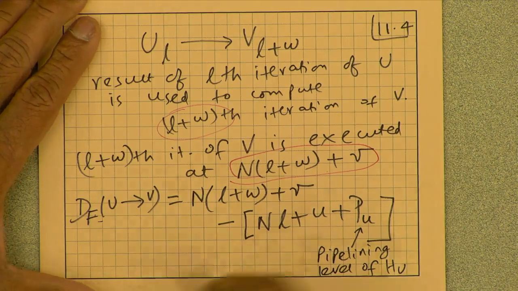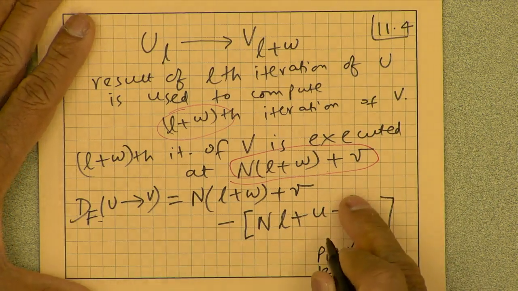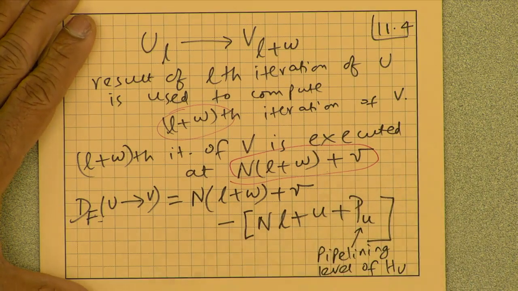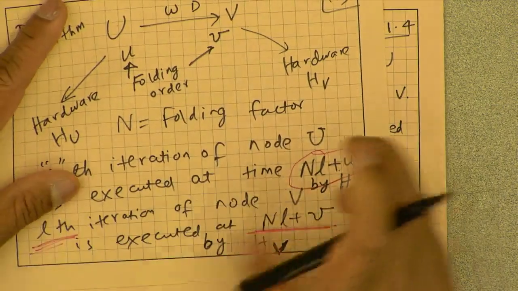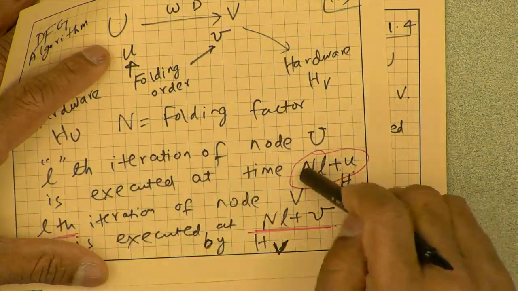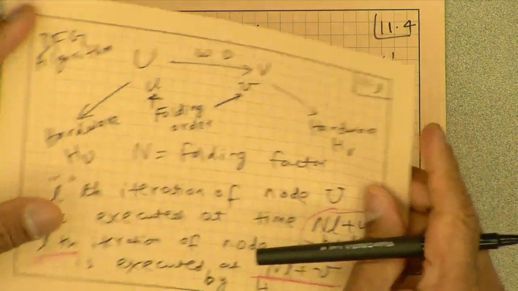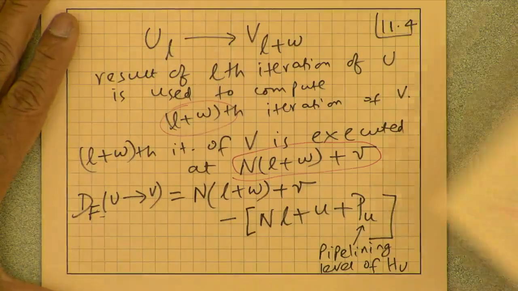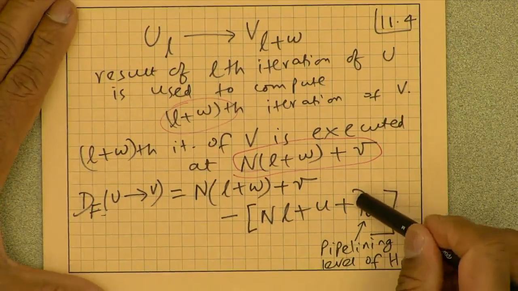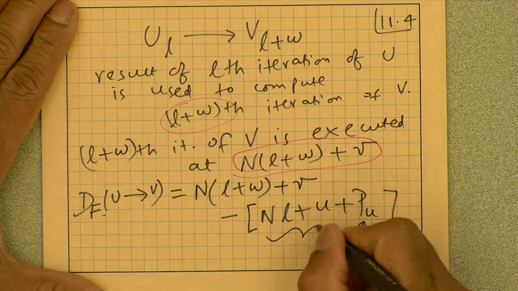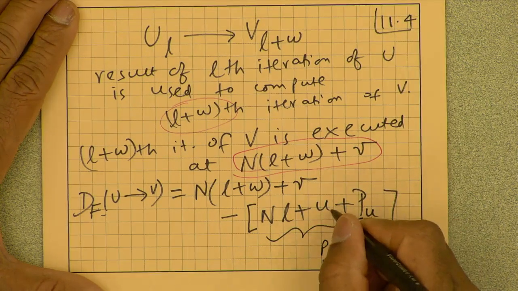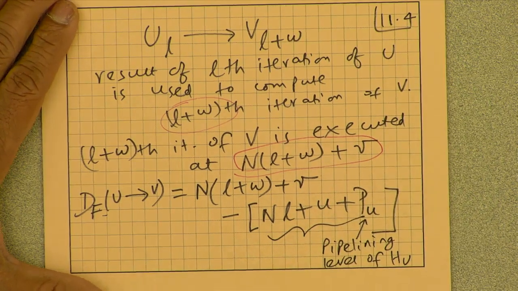So if HU is pipelined by 3 stages and I start computing that at clock cycle 10, then the result is available at 13. So even though I begin computing the Lth iteration at n times L plus U, if that hardware functional unit HU is pipelined by PU stages, that result becomes available at NL plus U plus the pipelining depth PU.